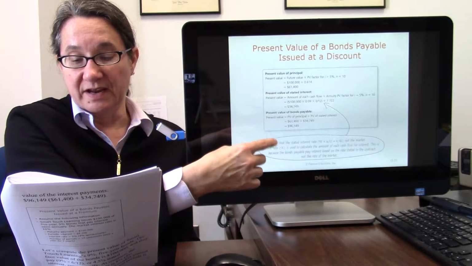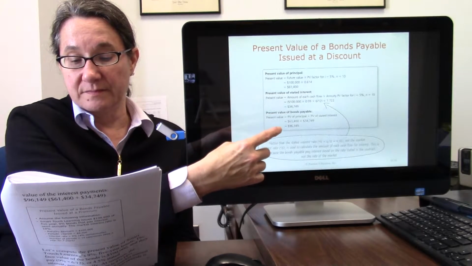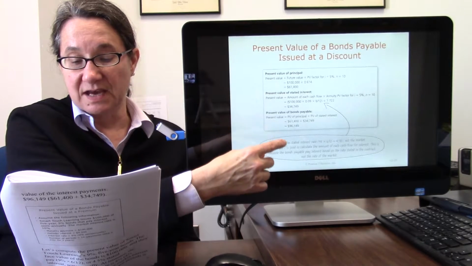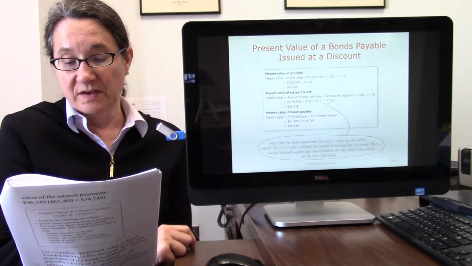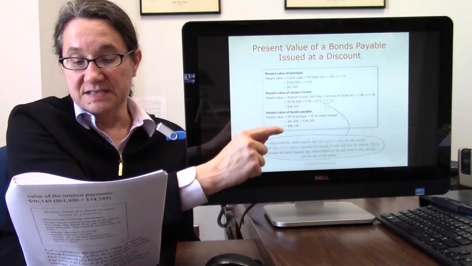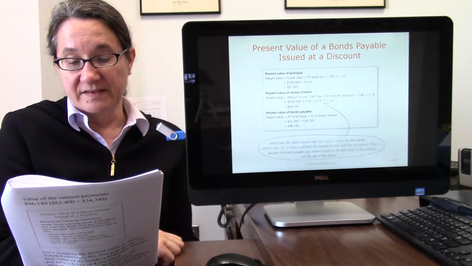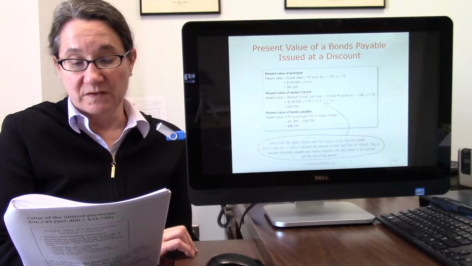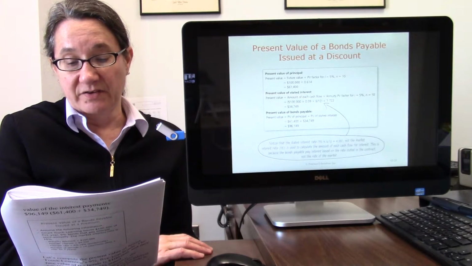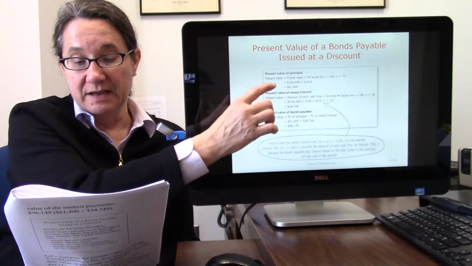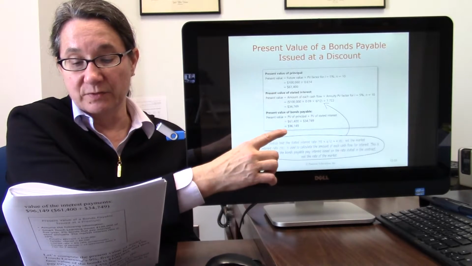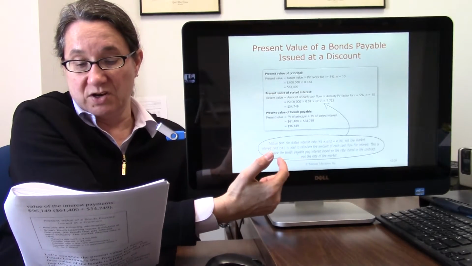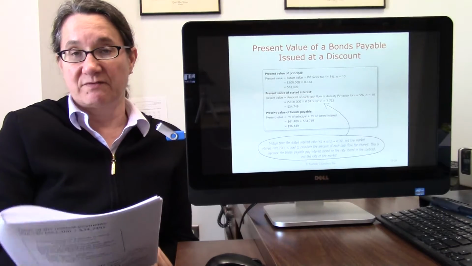You're going to get 100,000 times 9% times 6/12, times 7.72. That's the factor from the table. So that flow of interest is worth $34,749. When you add the $61,400 and the $34,749, what you'd be willing to pay for that bond is $96,149.